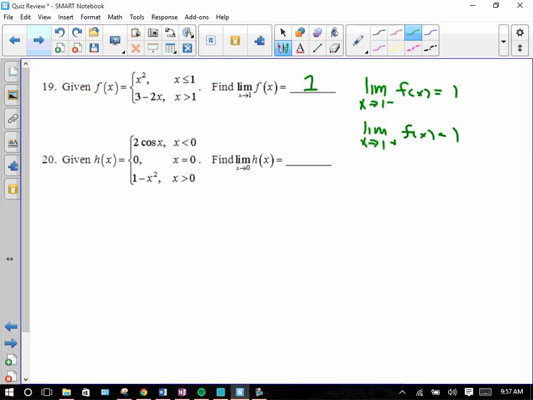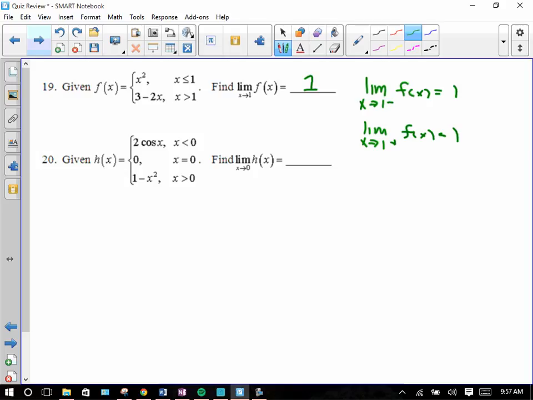If I had 3, which one would be my right side limit? The one on the bottom is always the right side. This would be my right side limit, this would be my left side limit. Do I compare what's happening with the function values at 0? No, unless I'm talking about continuity.